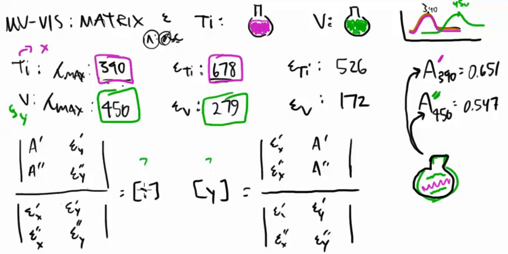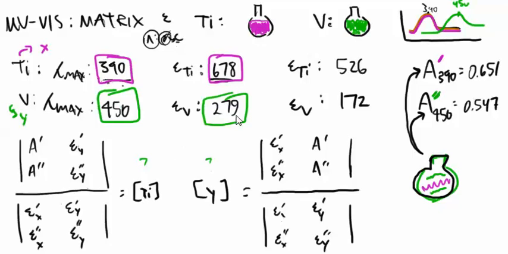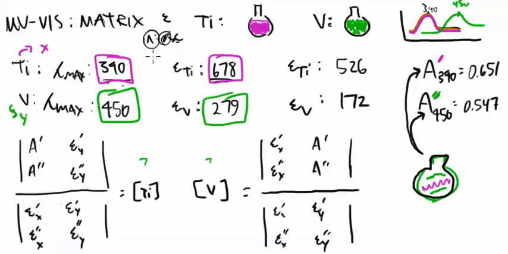So I'm just going to go ahead and write titanium here because I now know that that is supposed to be my X variable. The same thing is going to happen to the Y variable. If I take a look at Y and I erase it, I have now defined what the Y is supposed to represent, and here I see that my Y is supposed to represent vanadium, so vanadium goes in there. Okay, so now we've taken care of what is X and what is Y.